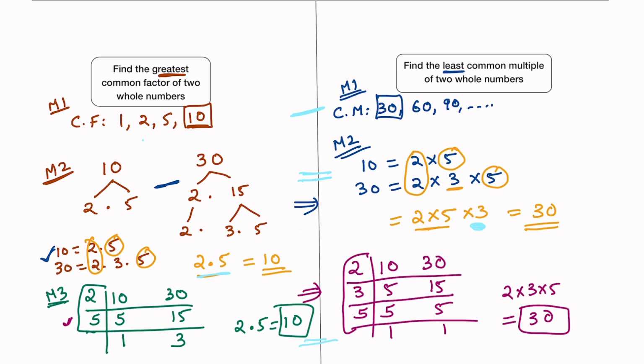Method 3, again the same process. Only common factors we use. Here we use common and uncommon both. And we get the answer. Understood how it works? The reason why I took the same numbers and did these methods adjacently side by side is so that you can compare and understand the similarities and differences.